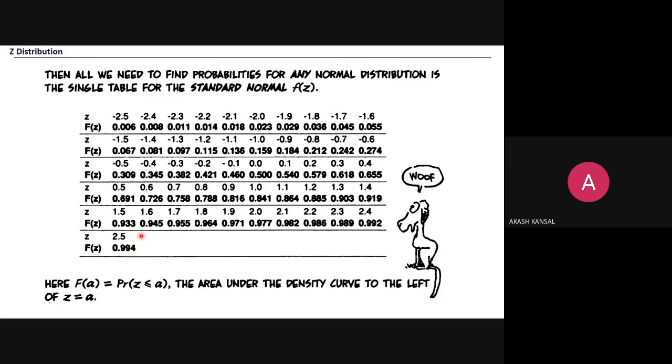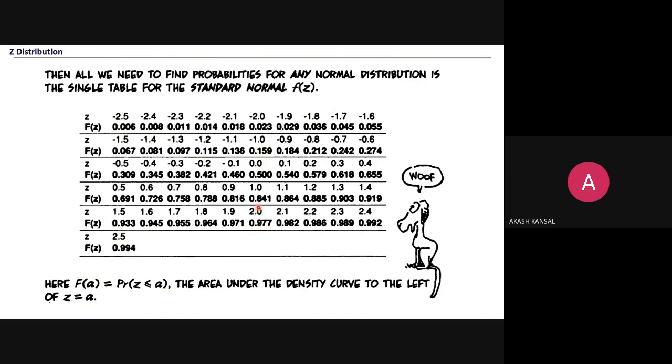Let's say if you talk about one standard deviation, it is 0.159 here and 0.977 here. Once you subtract them, you will get almost 82%.